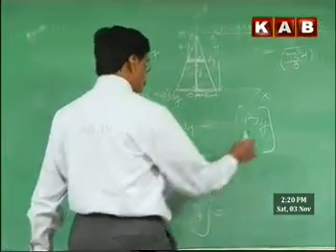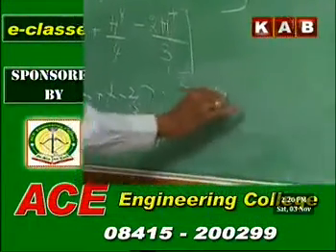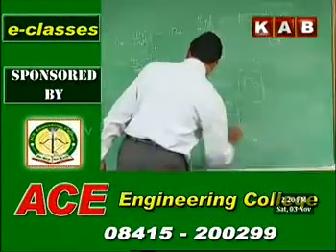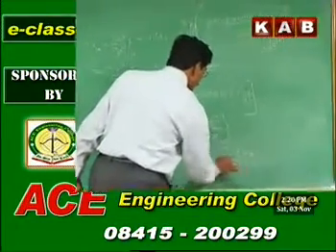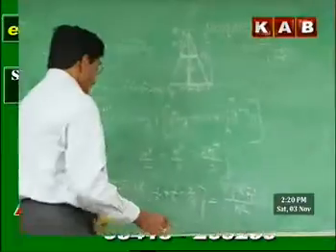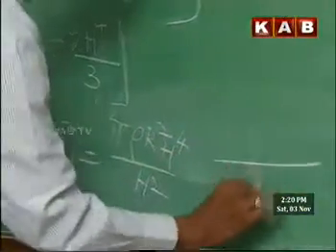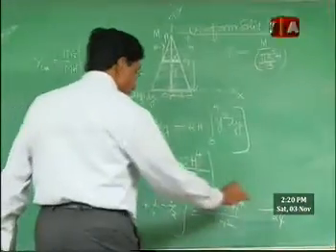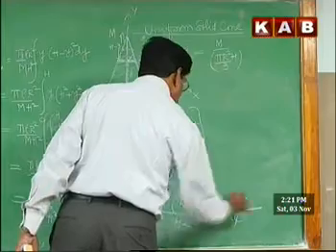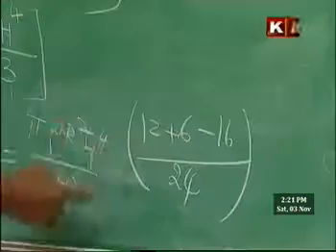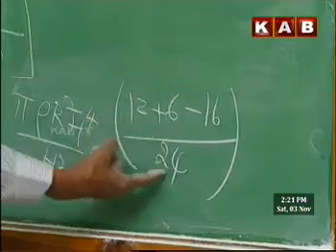This is pi rho r square h to the power of 4 by h square, denominator is 24, 12 plus 6 minus 16. So, 18 minus 16 is 2, 2 by 24 is 1 by 12.